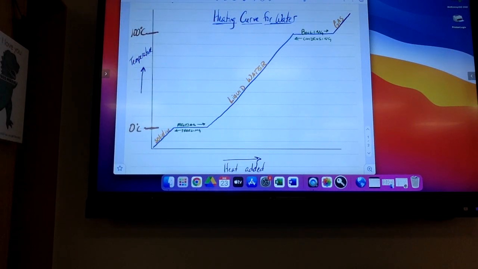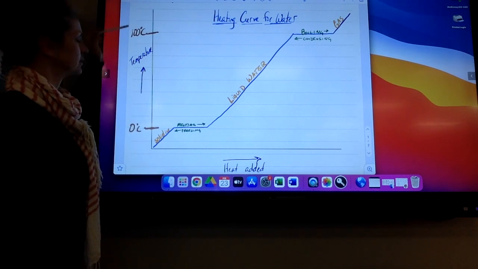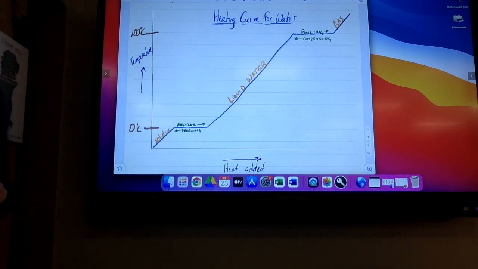The x-axis is heat added, the y-axis is temperature. And then the two points on the graph are 0 degrees and 100 degrees Celsius. So get this reproduced and then we need to talk.